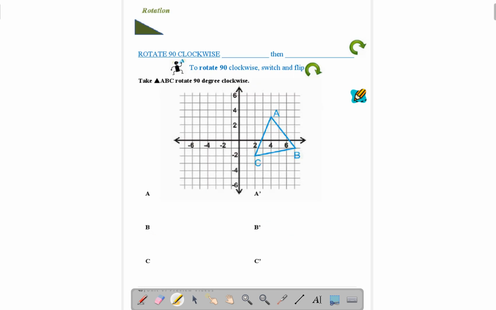Okay, rotations. These are the tricky ones, so pay really close attention. Rotation means we're going to turn something around. We're going to do 90 degrees clockwise and 90 degrees counterclockwise. So what you do is you take your XY coordinate.